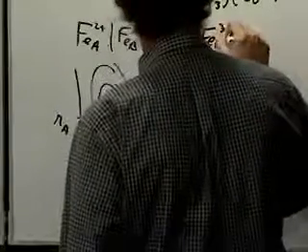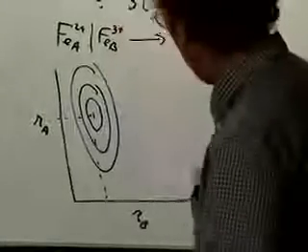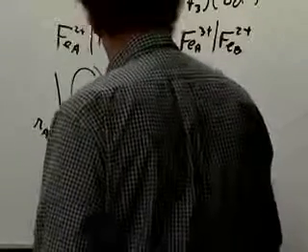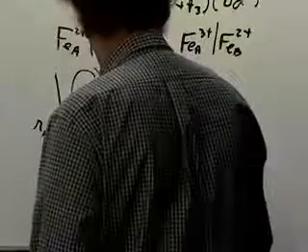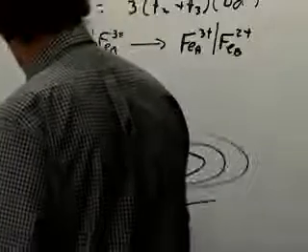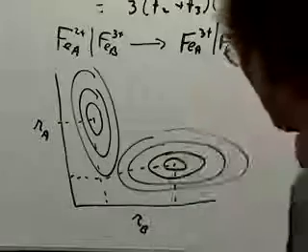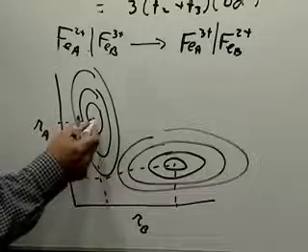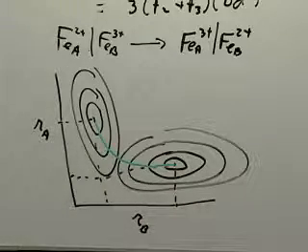Likewise, the product will be FeA3+ FeB2+, and that will look shifted, like this. The reaction is going to move on that potential energy surface. The classical reaction path is basically going to be like that. The transition state is going to be here.